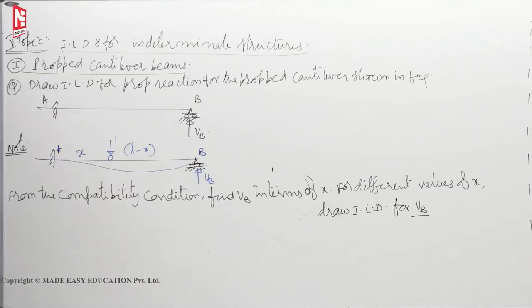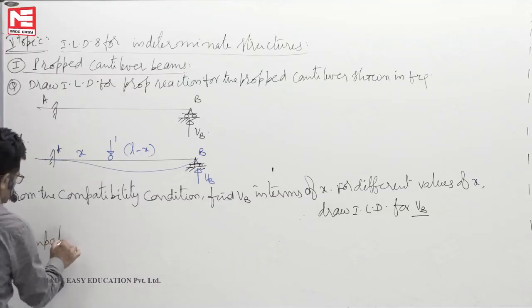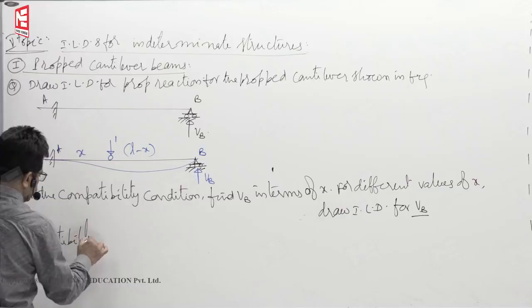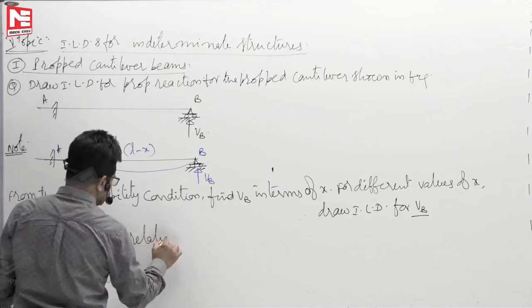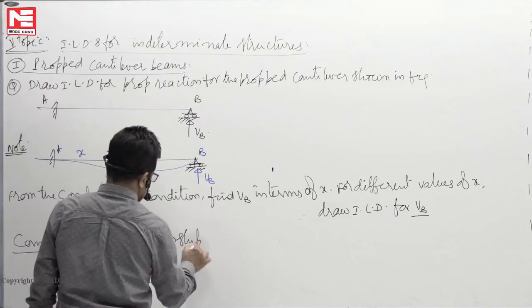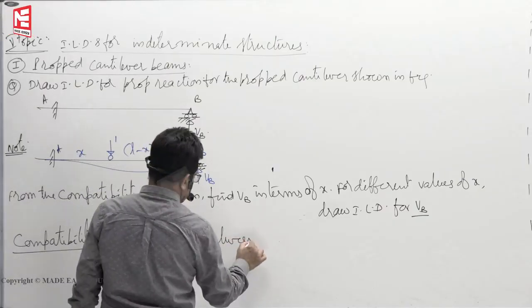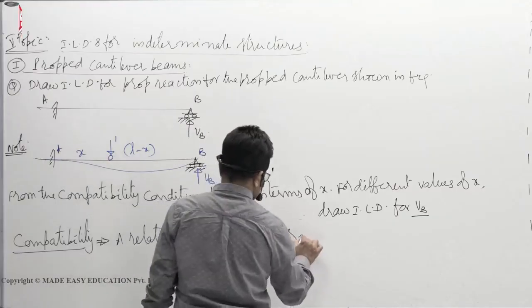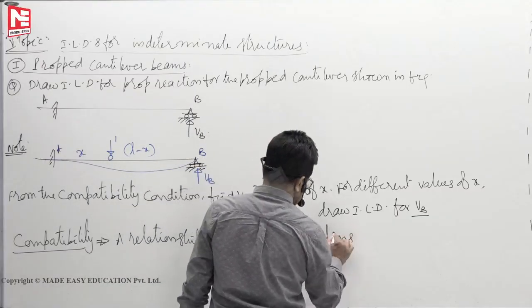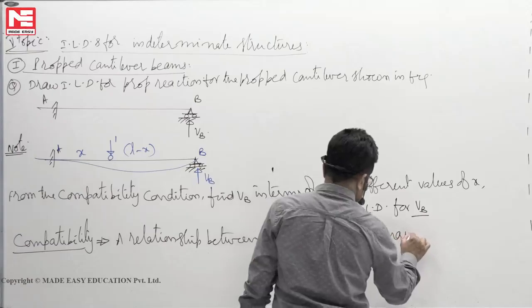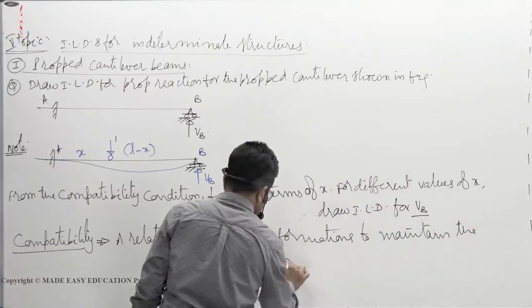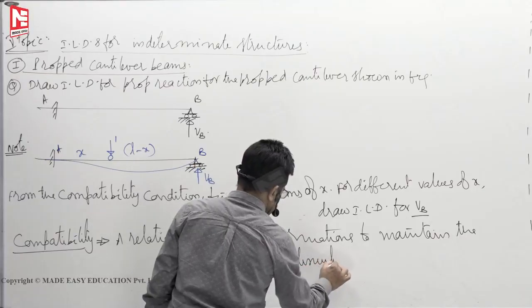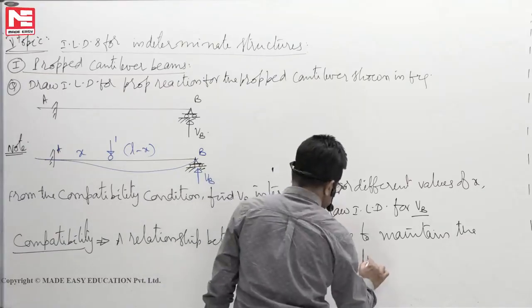Now, this is what compatibility means. Compatibility means a relationship between deformations to maintain the continuity of the structure.